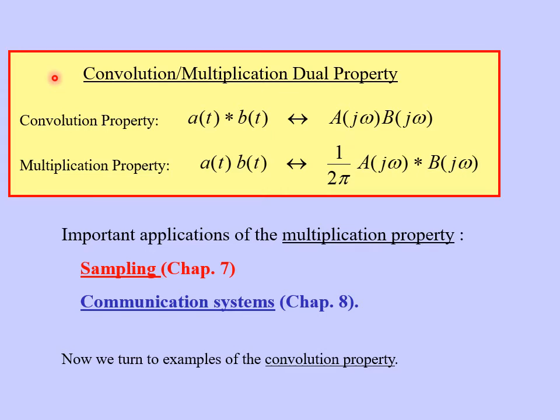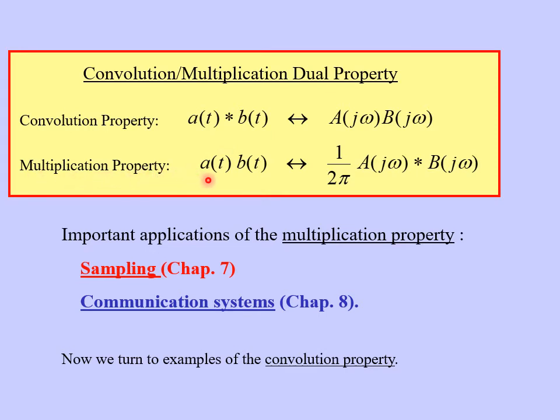So what we just showed was that the convolution property says that when we do a convolution between A and B in the time domain, when we go to the frequency domain, we just multiply the Fourier transforms of A and B together. But it turns out that the converse is also true, and this is technically called the multiplication property.